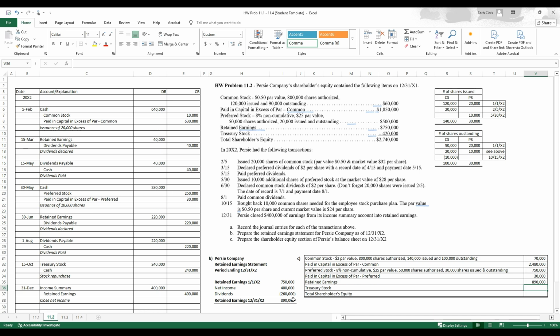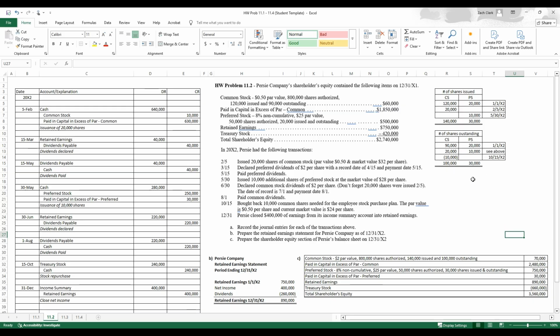And now treasury stock, we initially had 420,000. And then I'm going to add to that. I'm going to use a minus sign because we're adding to a negative. And then we did our treasury stock for $240,000 more. So that gets us 660,000. Add those all together, and now your ending equity in total is 3,560,000.